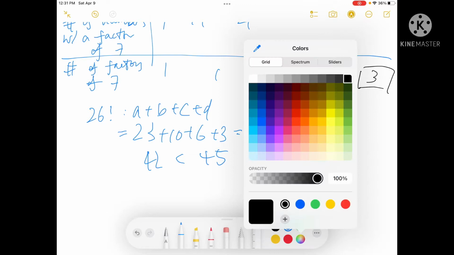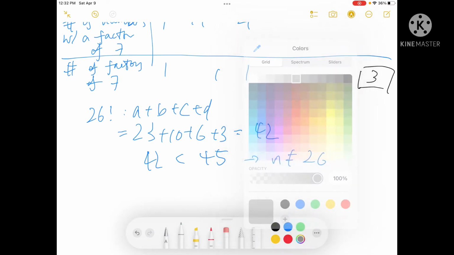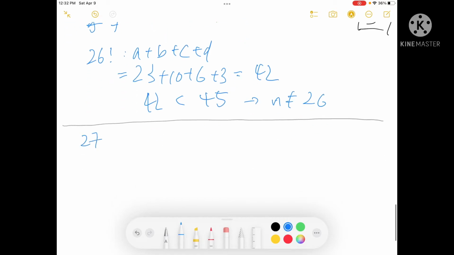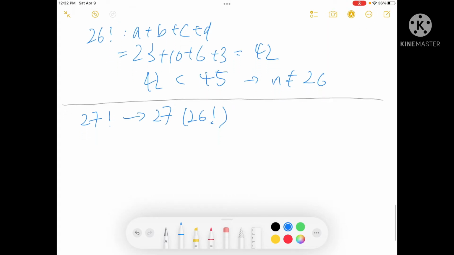Because 26 is not right, we can try the next closest value, which is 27 factorial. 27 factorial is just equal to 27 times 26 factorial, so we don't need to analyze it again. We can just prime factorize 27, which is equal to 3 to the power of 3.